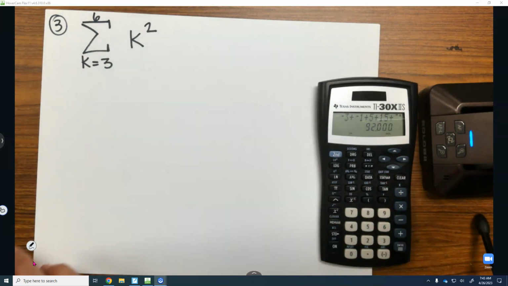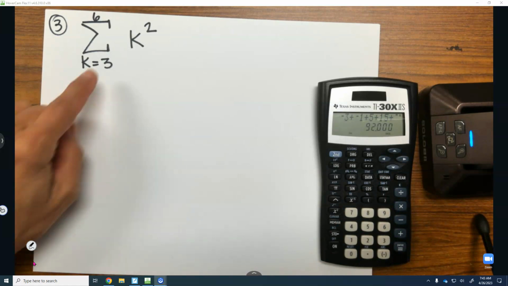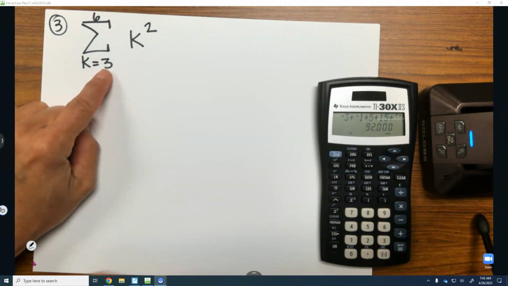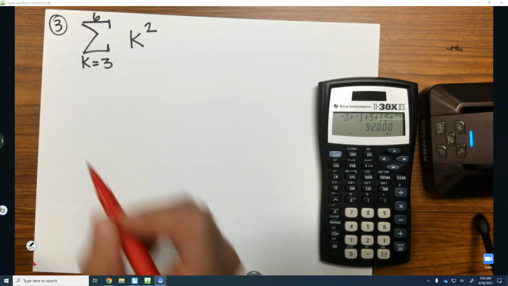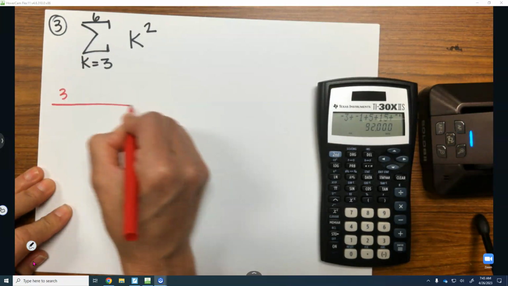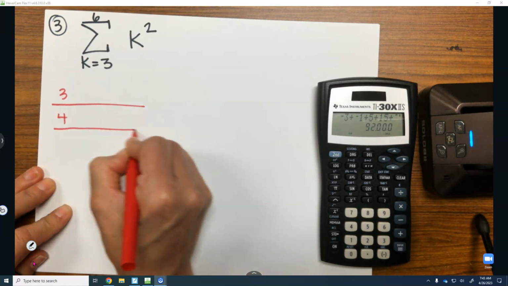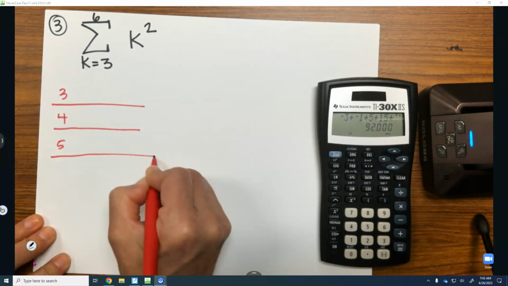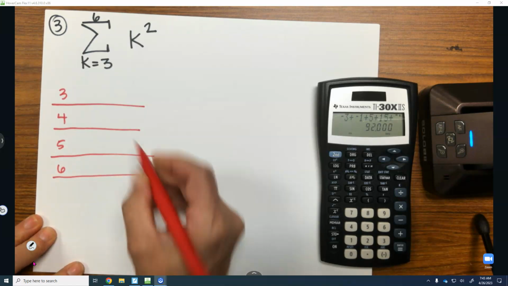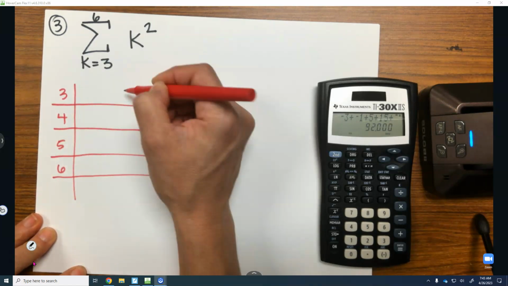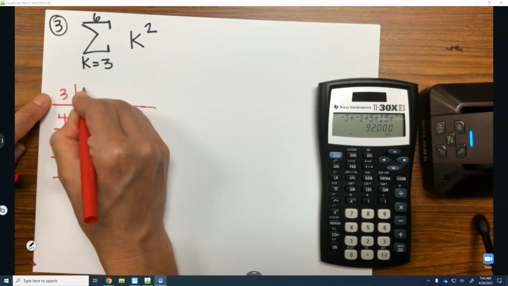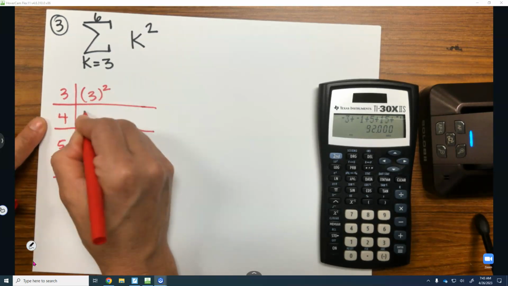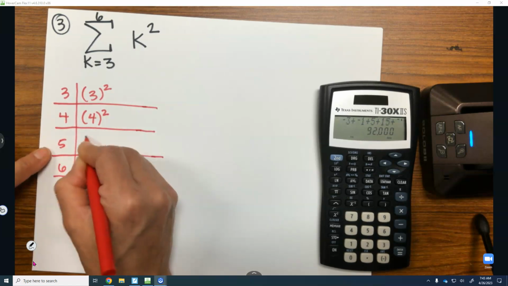Okay. For problem number 3, we're only looking at 3 values. We're going to start with the third term, we're going to stop with the sixth term, and we're going to add them up together. So 3, 4, 5, 6. 4 numbers that we're going to add up together. So when I plug in 3, we're going to square all these values.